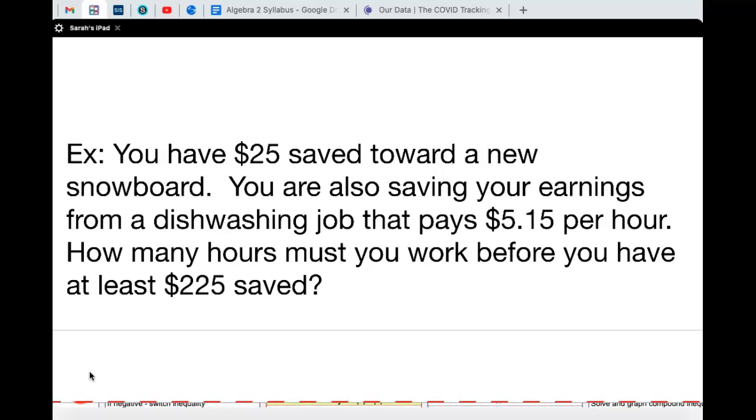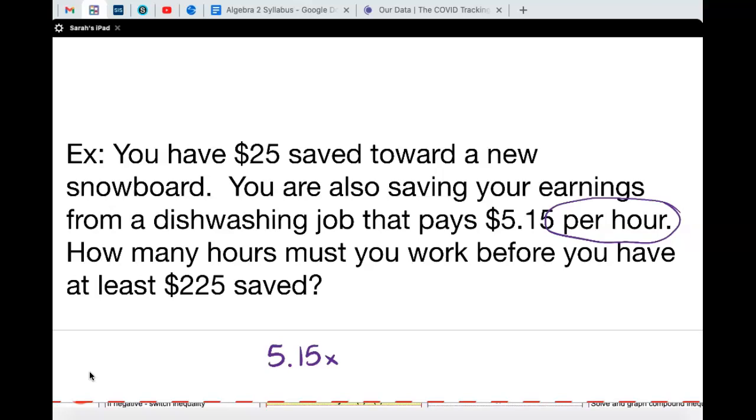So I would like to write an inequality and then use the inequality to solve for how many hours. Any ideas on how you are going to write an inequality? Okay. How did you know that? Yeah, this per hour is like the slope. So our slope is always mx, so the variable goes with that.